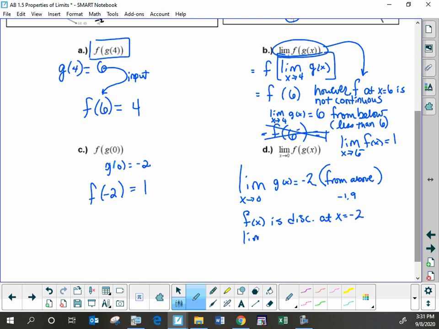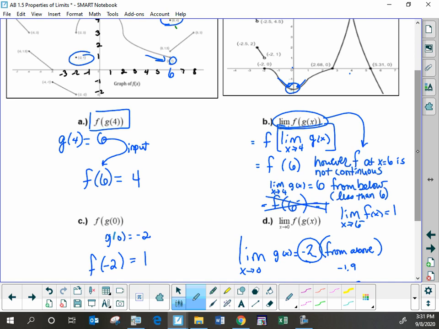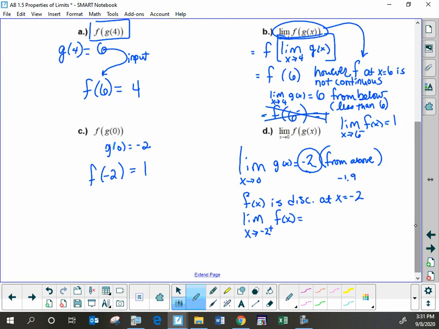So I'm going to evaluate the limit as I come into -2 from above, a little bit bigger than -2. If I'm coming into -2 from the right side, I'd be coming in like -1.9, wouldn't I? And that means I'm up here at a height of 3. So this limit turns out to be 3.